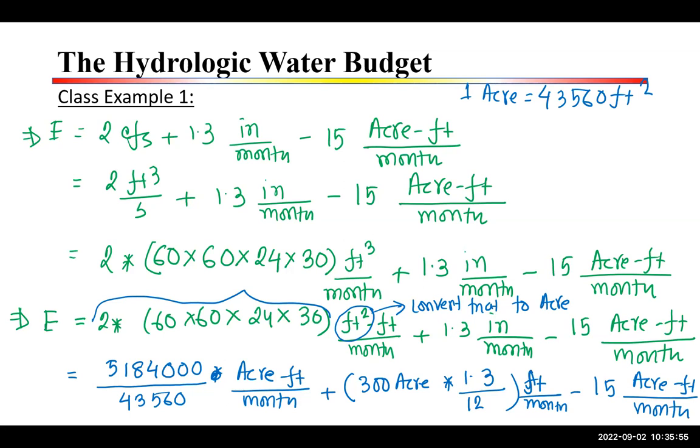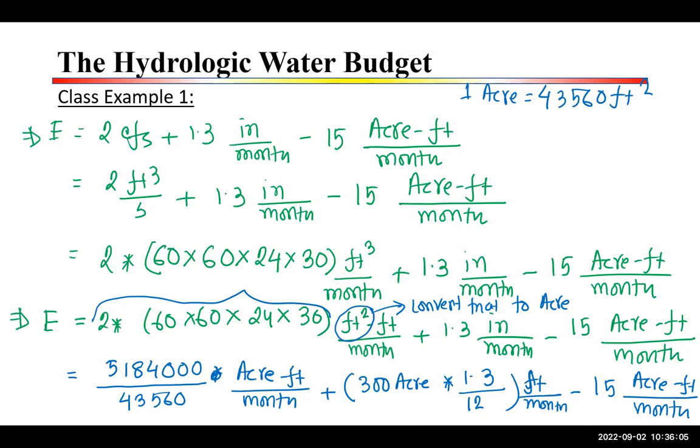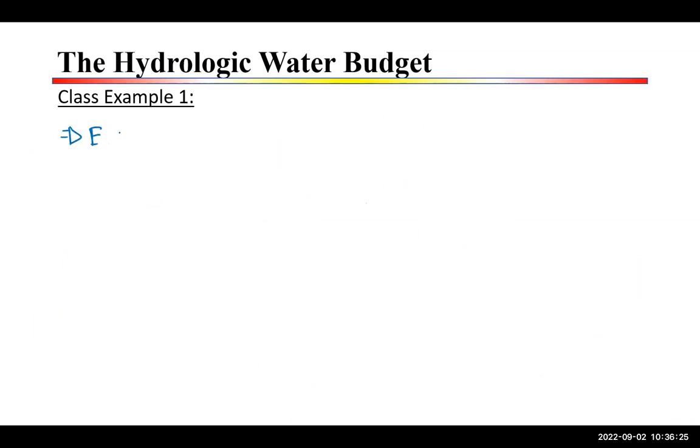So 5,184,000 over 43,560. What is that number? 119. Okay, everyone's done up to this point. So E equals what is that number? 119 acre feet per month.